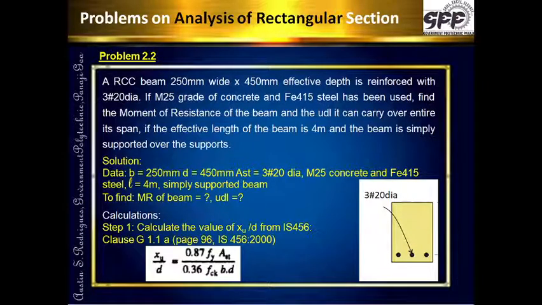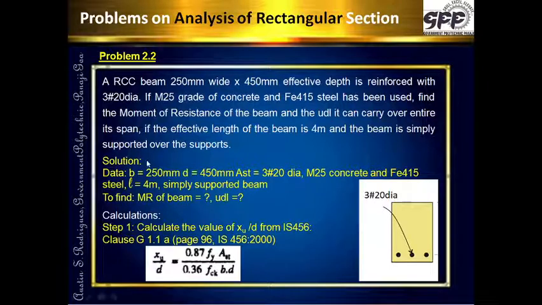The beam is existing, it is having 250 mm as the width, 450 mm as the effective depth, it is reinforced with 3 bars of 20, and we have been told that this is a simply supported beam. It has an effective length of 4 meters, and now we are supposed to find out what is the UDL it can take. What UDL can be permitted on this beam? What is the maximum UDL which it can take?